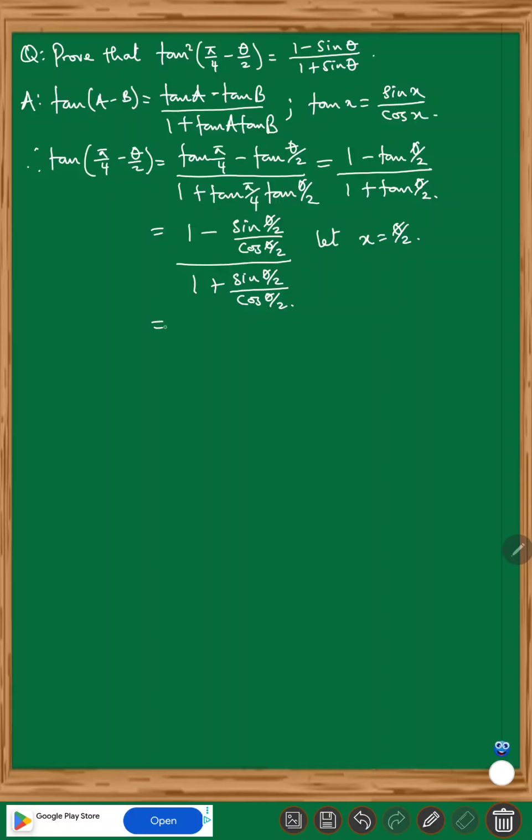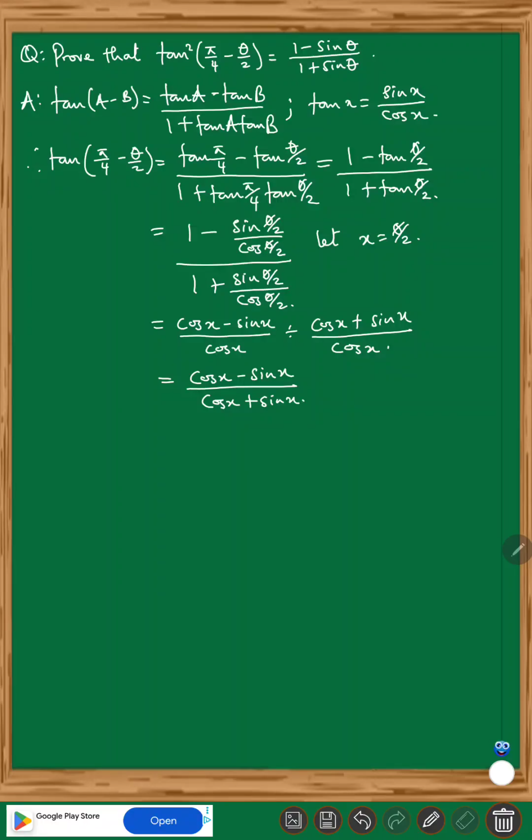If we simplify the fraction here, we have (cos x − sin x) over cos x divided by (cos x + sin x) all over cos x, and that gives us (cos x − sin x) over (cos x + sin x).